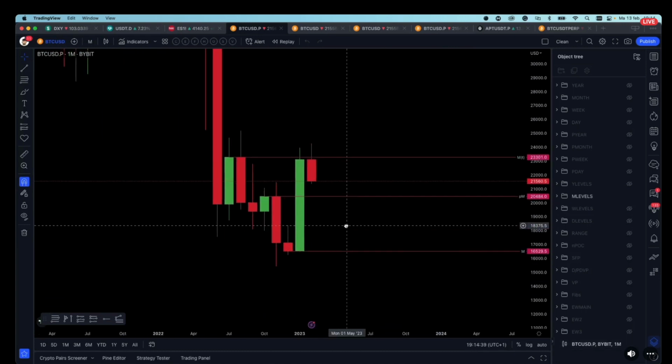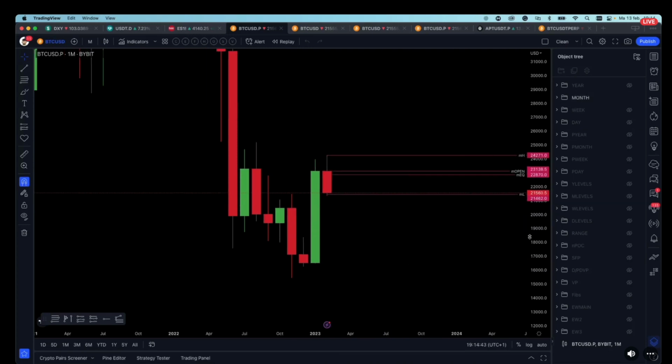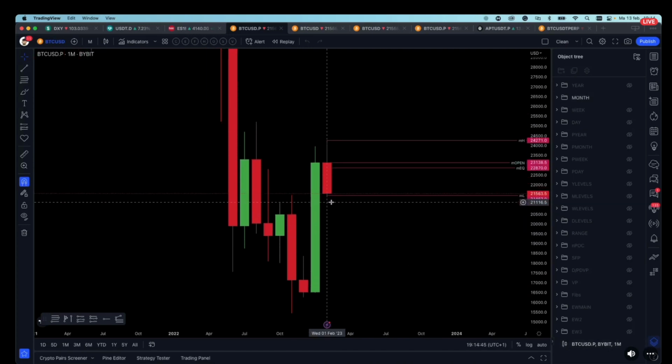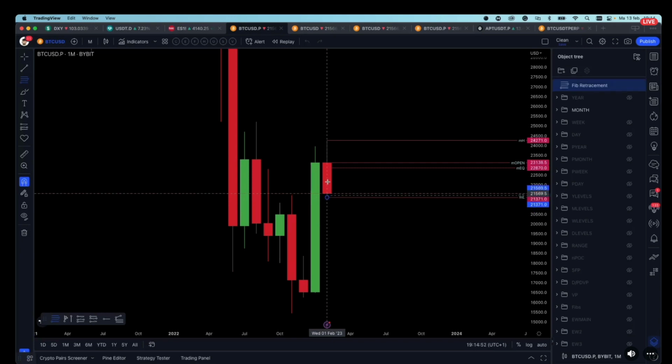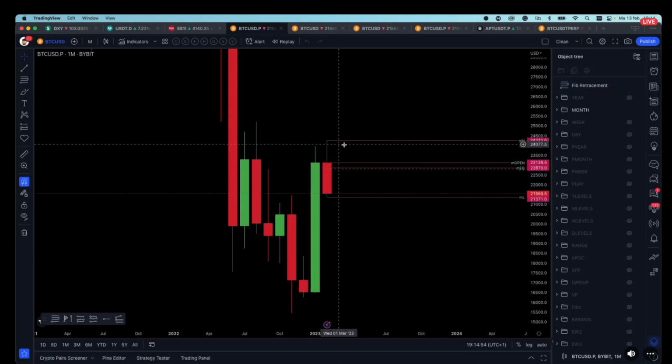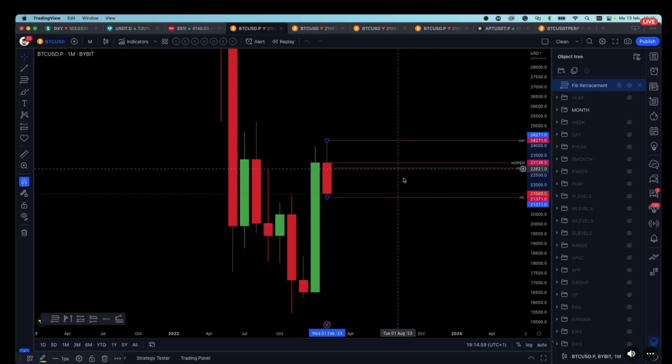Yeah, monthly support, of course, over here. Then my monthly levels, monthly high, monthly low currently is actually lower, but I think it will be a little bit lower too. And then to find your monthly EQ, you do the same thing. You can make a template, EQ, and that's the .5 FIB.